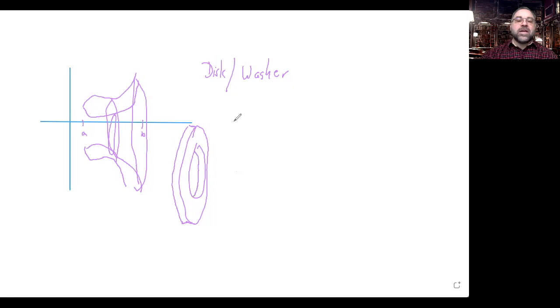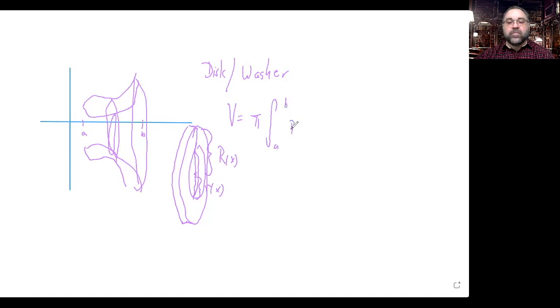The radius of the outer is big R of x. The radius of the inner is little r. Pi r squared is the area, so the pi doesn't need to be in the integral.